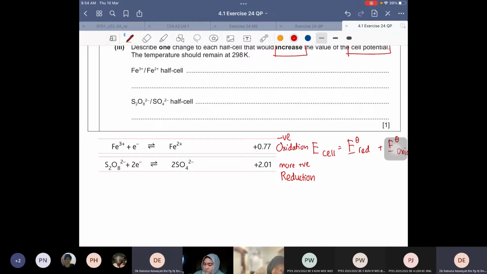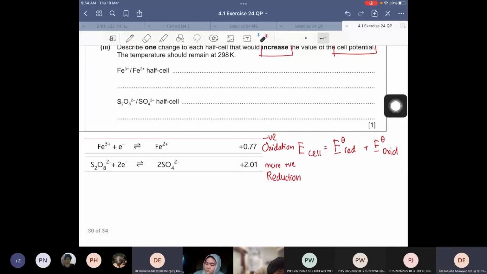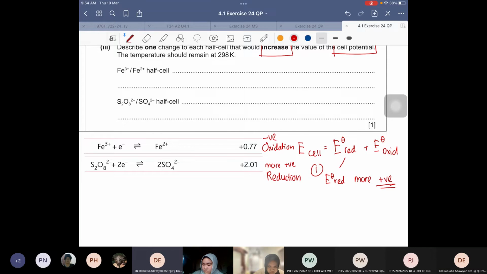I think the easier one to work with is the reduction. If you want the E cell value to be big, you would want your reduction, because it's a positive number, to also be big, more positive. So first strategy, we make our E° reduction more positive. How can we do that? Easy, we just favor the forward reaction.